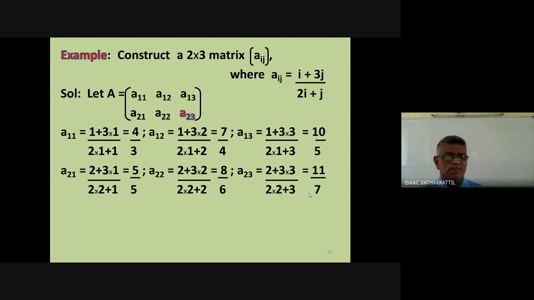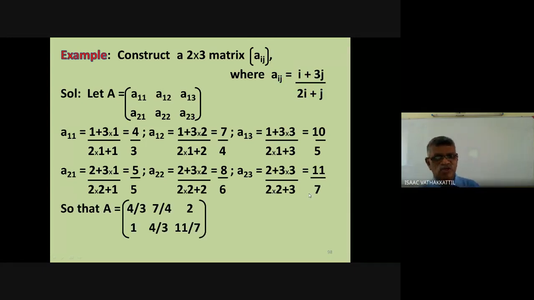And hence we have the matrix A with first row 4/3, 7/4, 10/5 and second row 5/5, 8/6, 11/7.